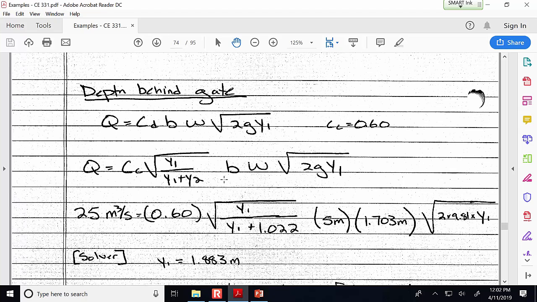And so it's the cross-sectional area of the opening multiplied by the velocity of the water. And so the velocity of the water depends on the depth upstream. So we've got Y1 in 3 different spots, but luckily if we set it up in the solver to solve for the Y1, then we can get that the depth is 1.883 meters.